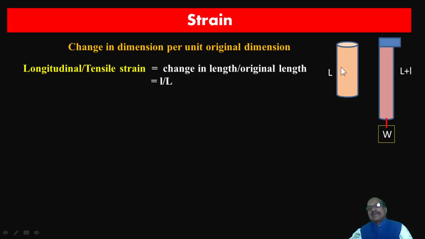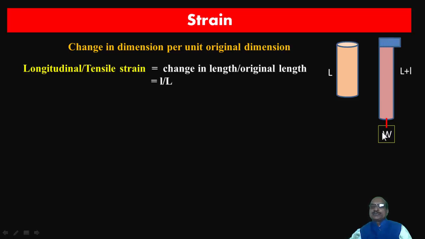Now as shown in this diagram, we have a rubber cord of length L. So L is the equilibrium length of this rubber tube. Now if we load one end of this rubber tube by applying the mass M, then the weight acting on this free end will be W, that is equal to mg, and one end of this rubber tube is fixed to a rigid support.